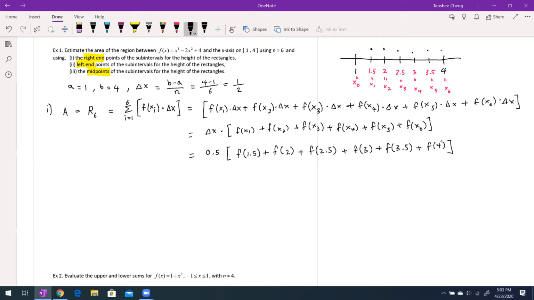Once we compute each one, add them up and multiply by 0.5, this will give us approximately the answer 42.69. And this is the approximated area using the right endpoint.